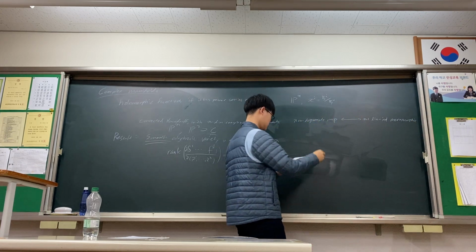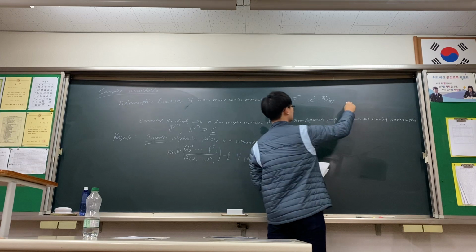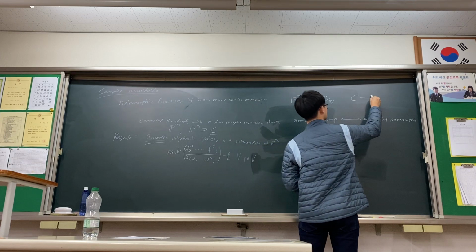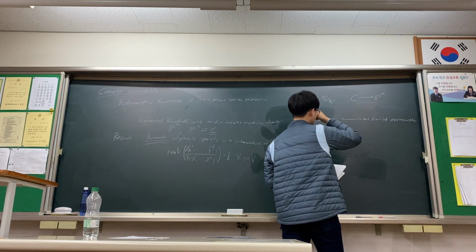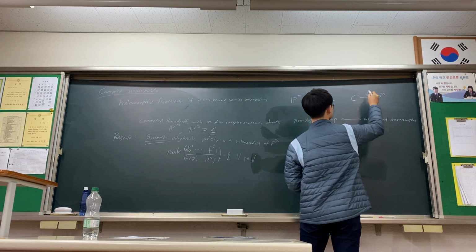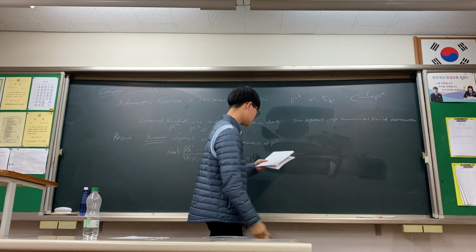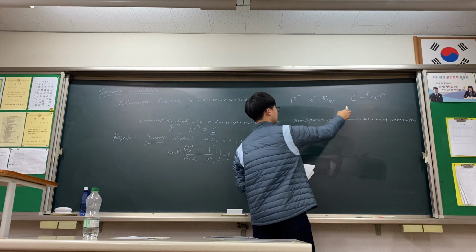The map goes like this. So we have a C, P, and C, and this is the map F.